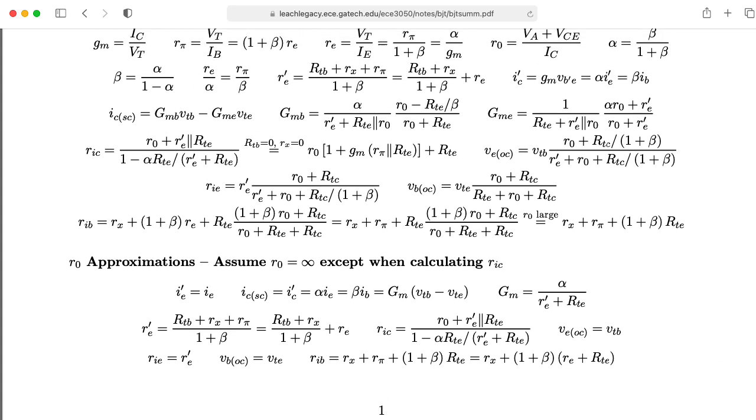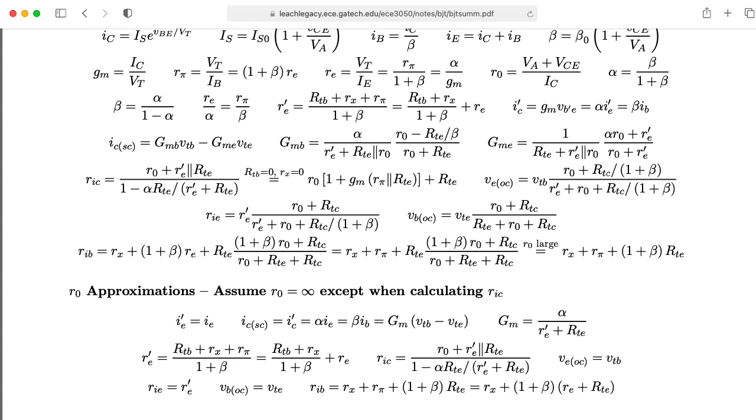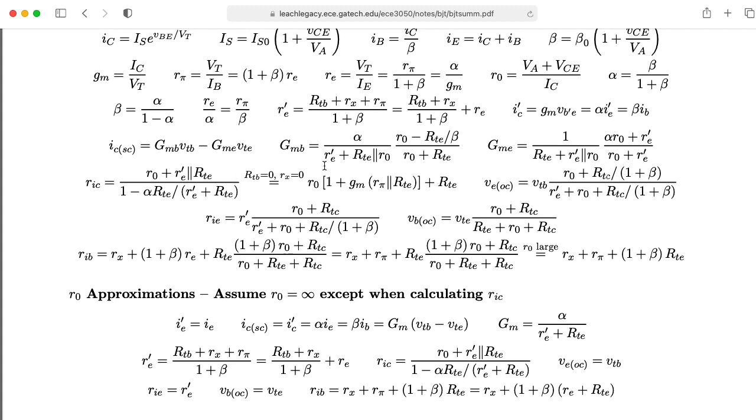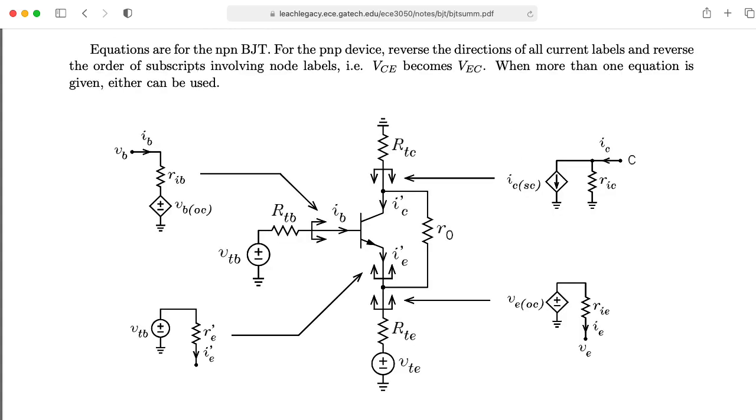Now, if you don't like the R0 approximation, Marshall has all these formulas here for using R0 in its full R0 glory, but they are quite messy. They don't provide a lot of intuition as to what's going on, and I'm not going to use them in this class. For a perspective on how we use these things, remember that the collector can only really act as an output. You never think about the collector as being an input. Similarly, you never think about the base as an output.